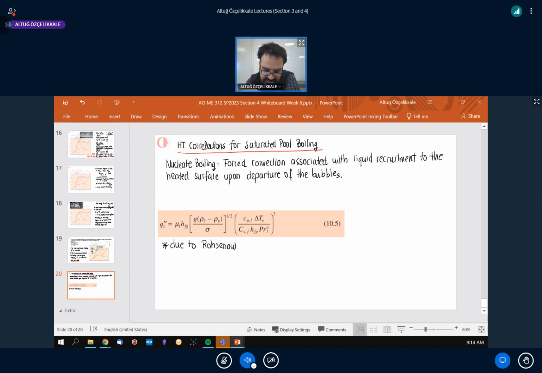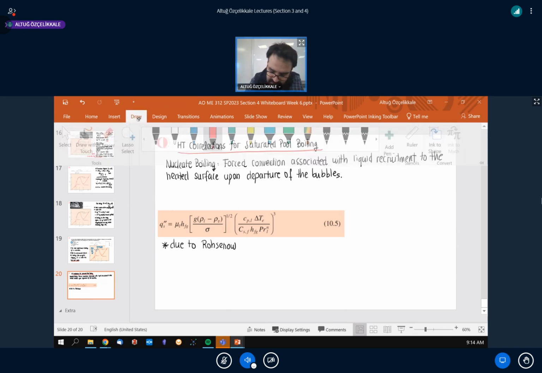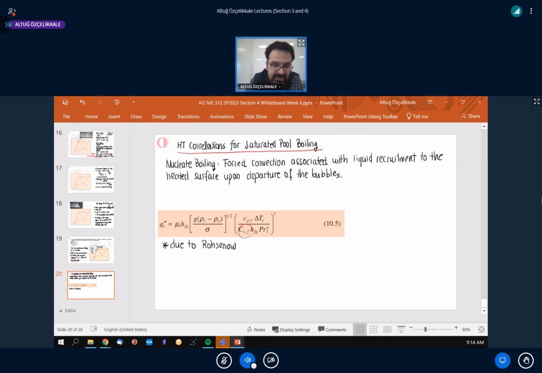We can see the latent heat of fusion here, the liquid dynamic viscosity, density differences, surface tension right over here, specific heat, and some coefficient C_sf. That's actually the modified coefficient at the beginning of the Reynolds number and Prandtl number relationship. And there is a Prandtl number raised to the power n, right? So these are the two things that we need to determine.